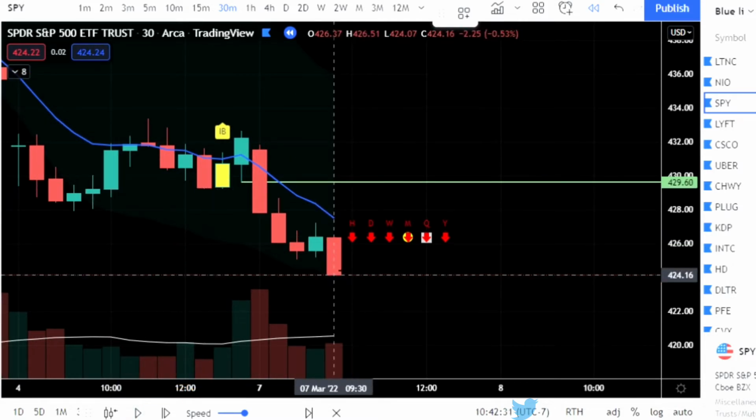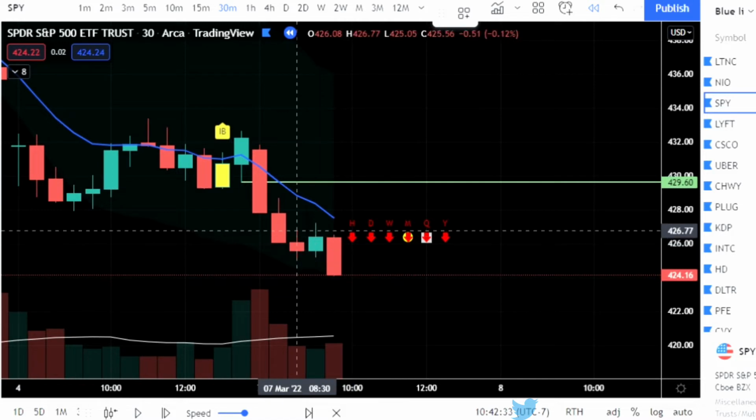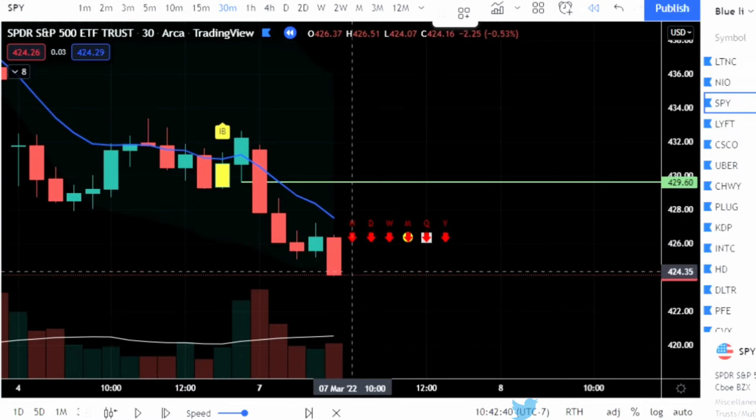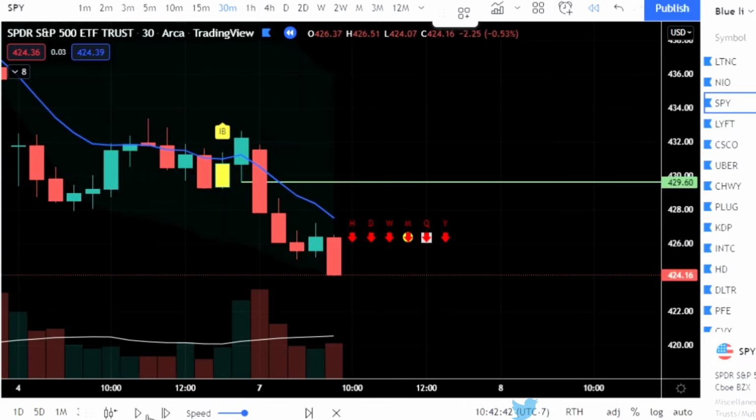So again, if you kept your stop losses up higher and you gave yourself a little bit more wiggle room, well, you just made more money. If you left a runner on, you just made more money. And let's say you had 5 contracts on at this point.